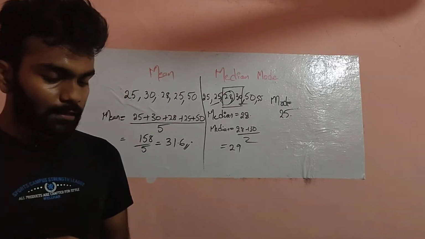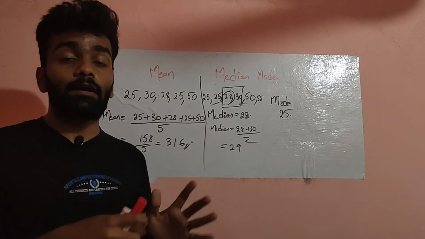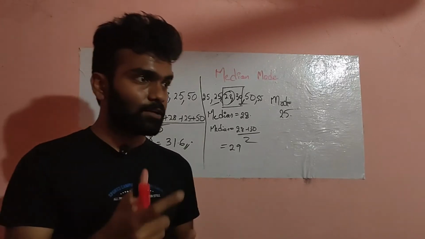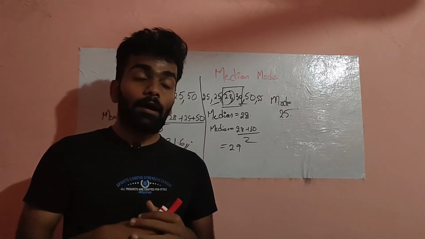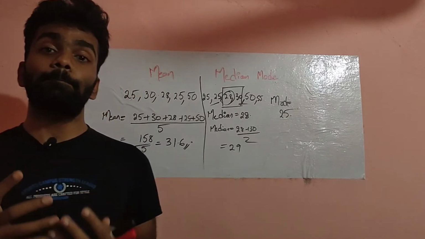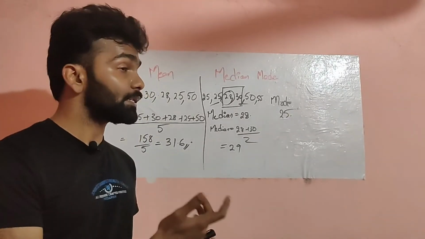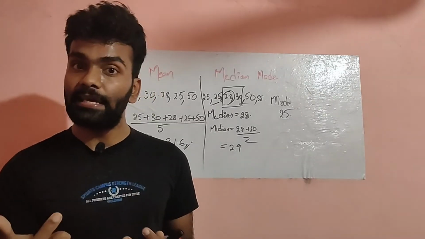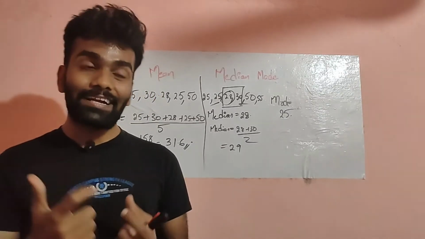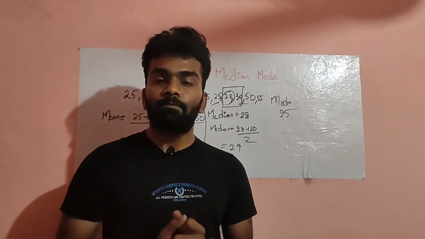So now, okay, we have seen what is mean, median, mode, and how to calculate this. But how do we use it in real life? In which situation do we want to use mean, in which condition do we want to use median, and similarly mode. So that's the most important part, right?